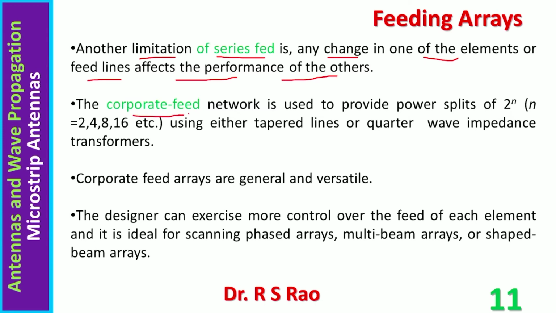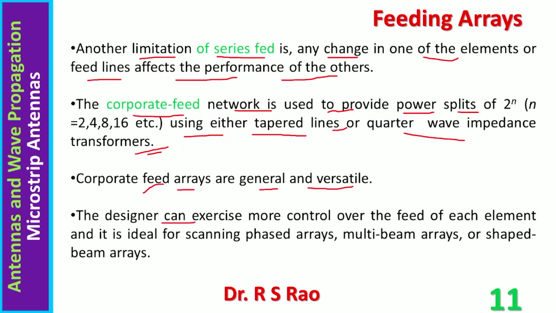The corporate feed network is used to provide power splits of 2^n, where n is 2, 4, 8, 16, etc., using either tapered lines or quarter wave impedance transformers. Corporate feed arrays are general and versatile.